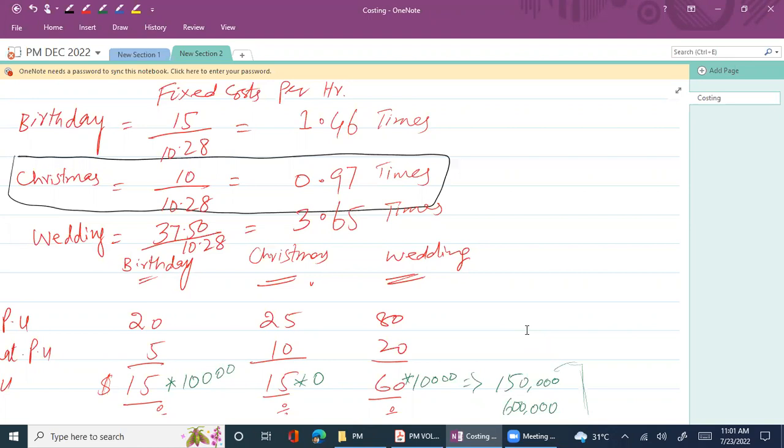But the company should also consider other non-financial benefits associated with this Christmas cake. As we know, Christmas is a one-time event in the year, and customers buy Christmas cake in large quantities on that single day.